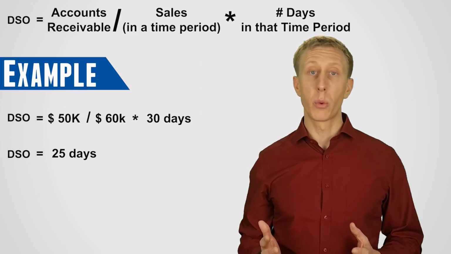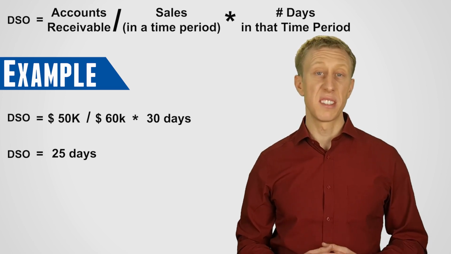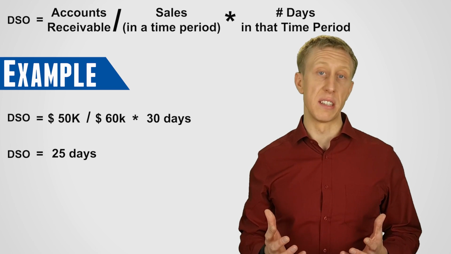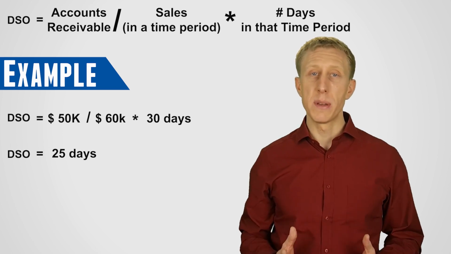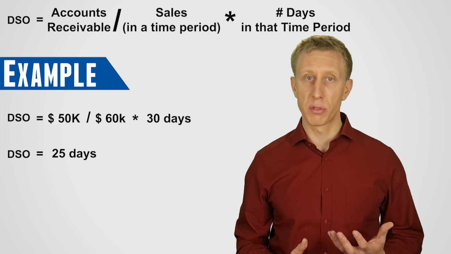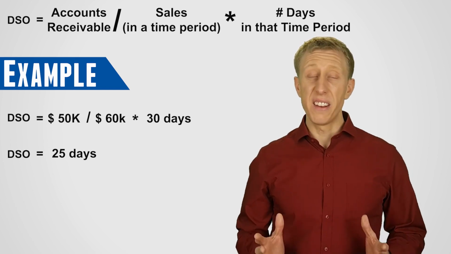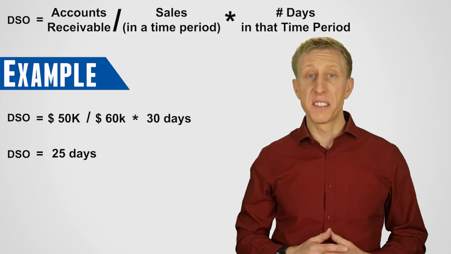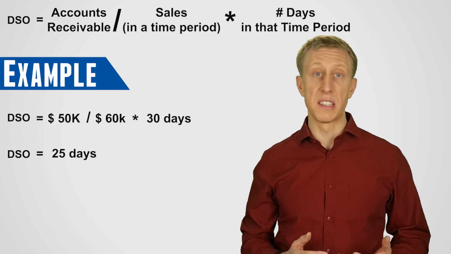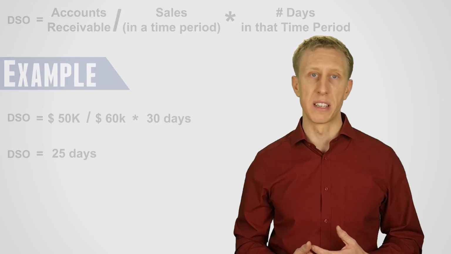So in our example, we have a DSO of 25 days. This is quite a normal figure for a business's DSO. It means that the amount of money they are waiting to be paid, their accounts receivable, is 25 days worth of sales. Anything under 45 days is considered good for businesses selling to other businesses with credit terms, buy now, pay later.